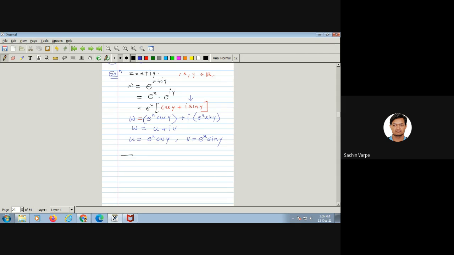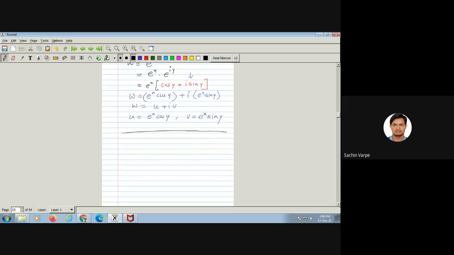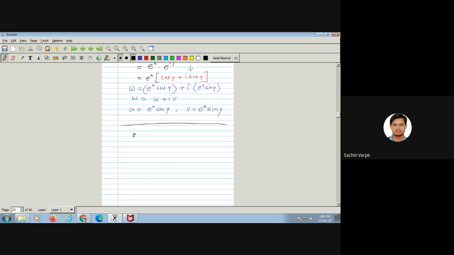In another way, actually in this way also we can do it, but the more convenient and easy way is, suppose, as we know, w is a function of z, that is e raised to z given here.